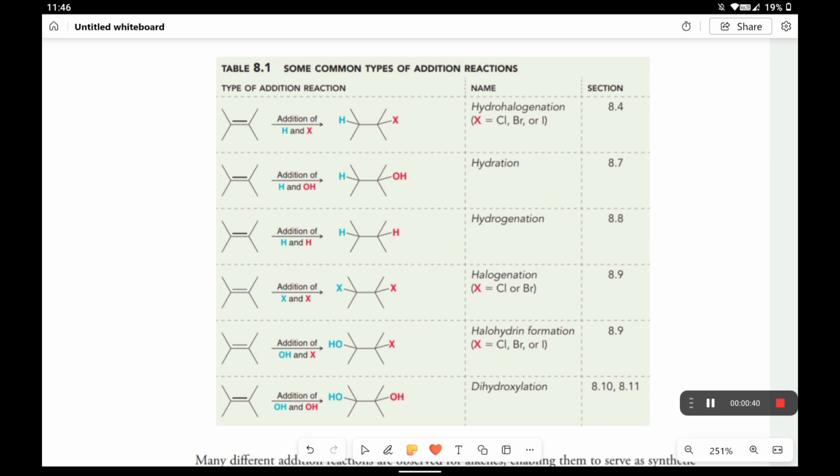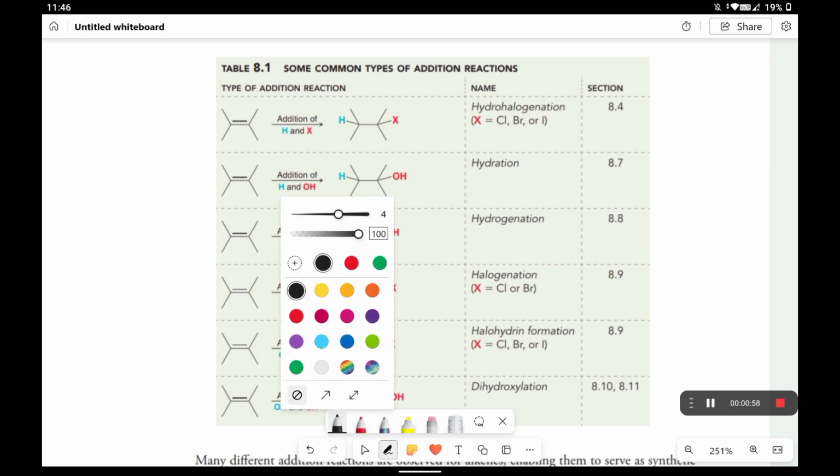Okay, and then we will move on to another topic. In this table we have summarized the alkenes and their addition reactions. The first one you can observe is the addition of hydrogen halides, called hydrohalogenation.